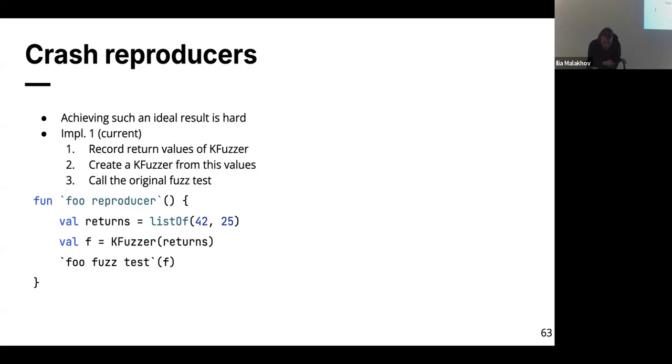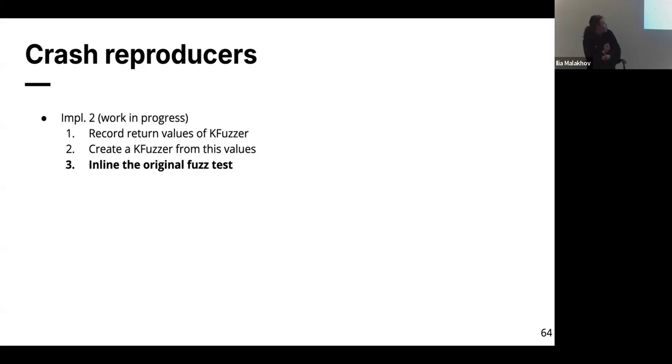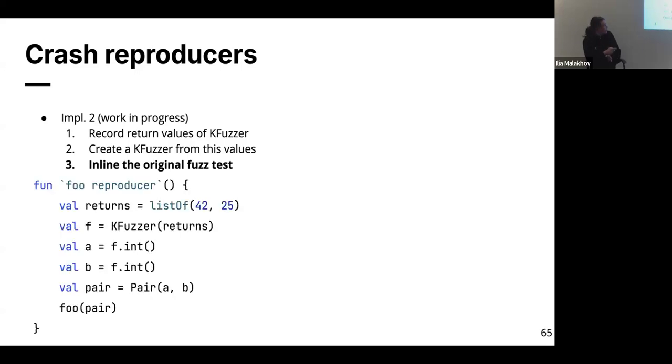And this is what we already have. The next step is to actually inline the user's fuzz test, so we can have both the code and the values on the same screen. So the previous result will look like that.